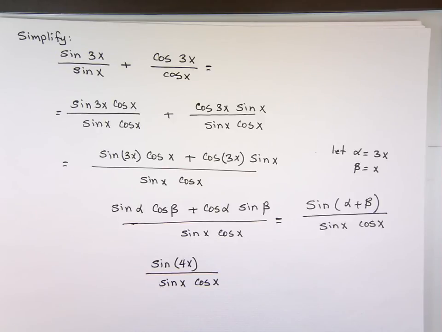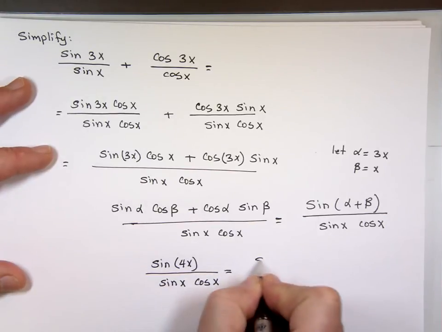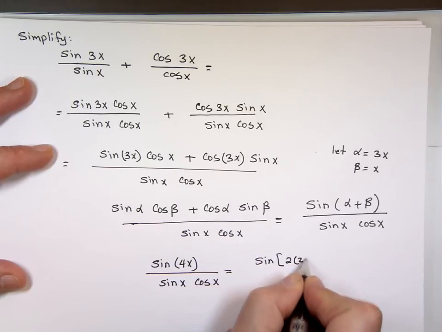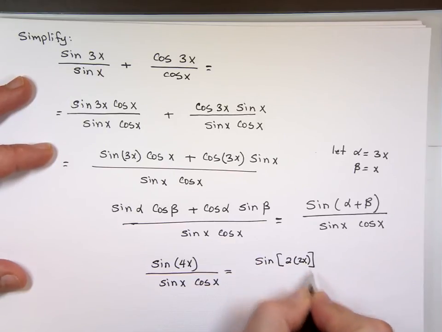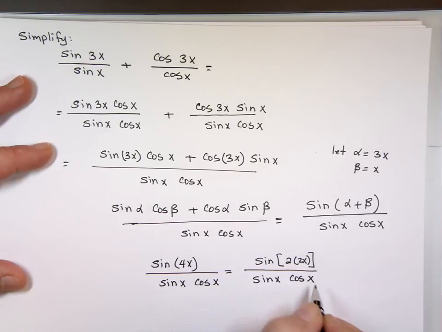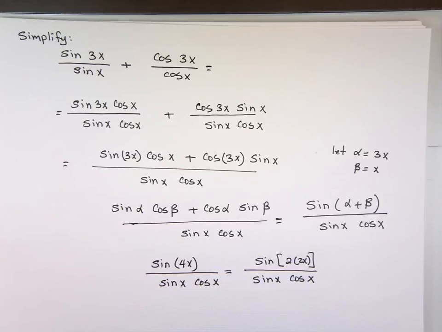Notice I can take the 4x and write that as 2 times 2x, twice that number.